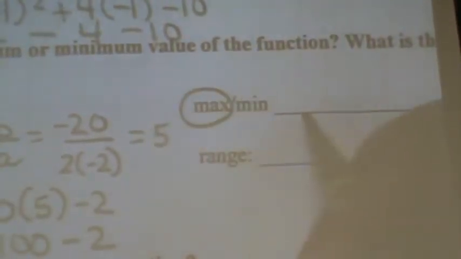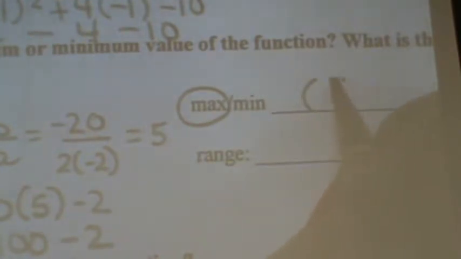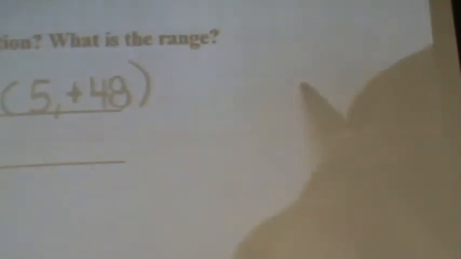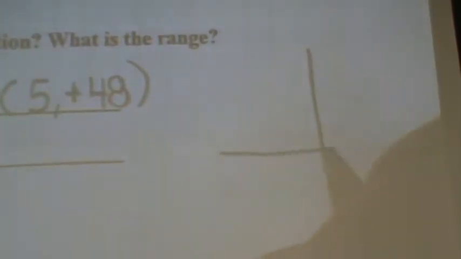So you're going to have a maximum at 5. They're not going to ask you where the maximum is, I think it's going to ask you if it's a max or a min. It's positive 48. And now, see, this is your vertex. Let me sketch it really quick.